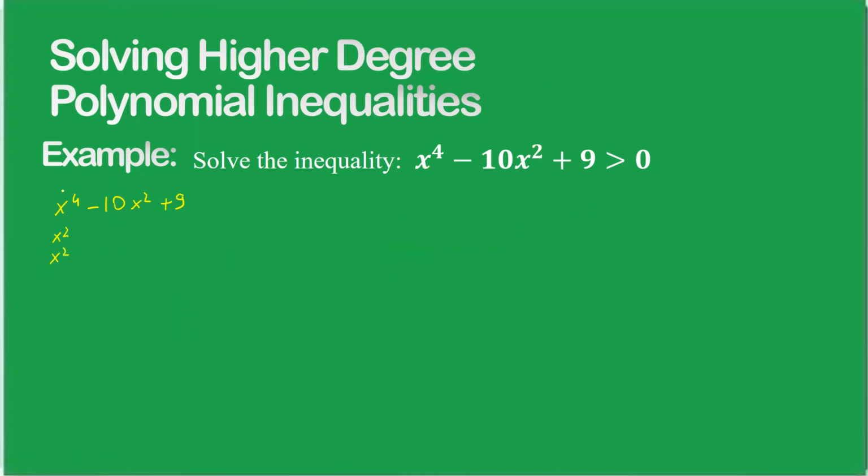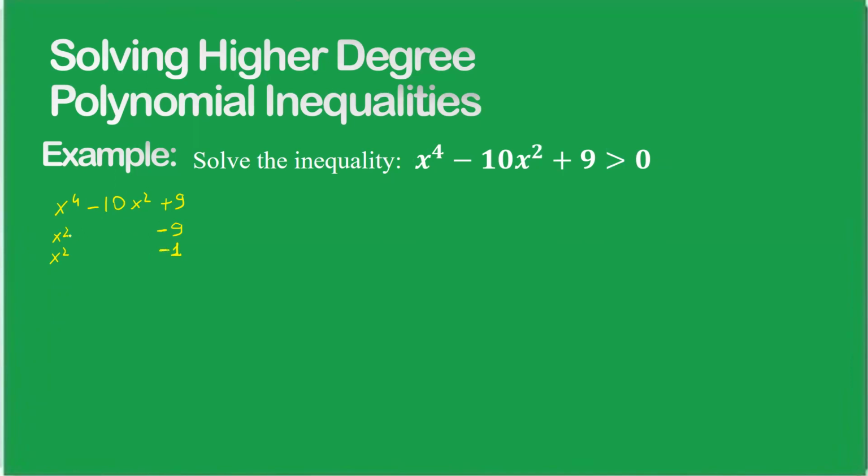Products of x to the 4, and here products of 9, maybe 3 and 3, but I think it's impossible. Let me write 9 and 1 at first. If you multiply and add them, you cannot get minus 10x squared. But if you write here negative and here also a negative sign.